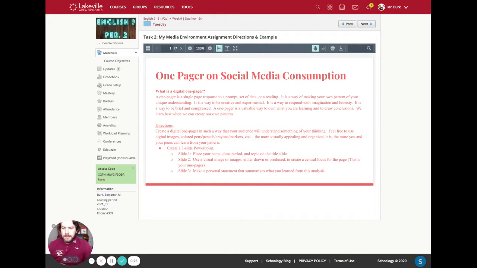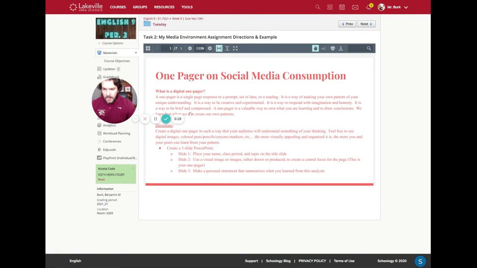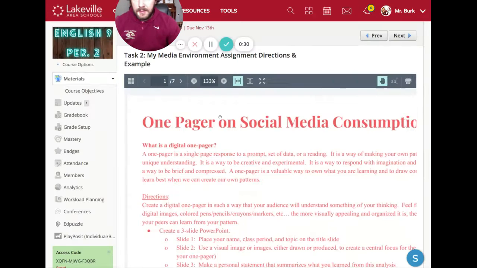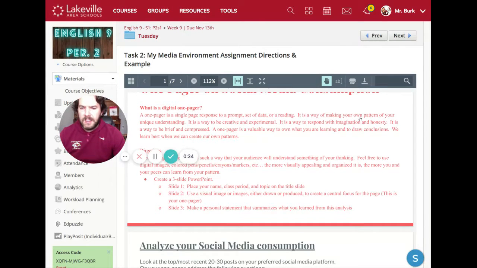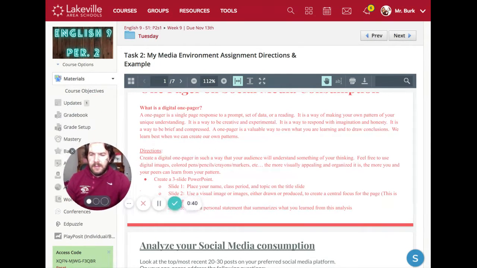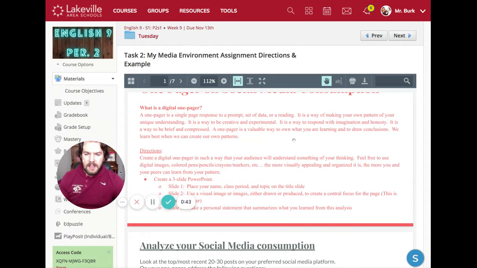It's basically, I should zoom in here for you so you can see. There you go. So a one pager is just a single page response to a prompt or data or reading, whatever you're looking at. So in this case, we're doing a one page digital document evaluating our own social media use.